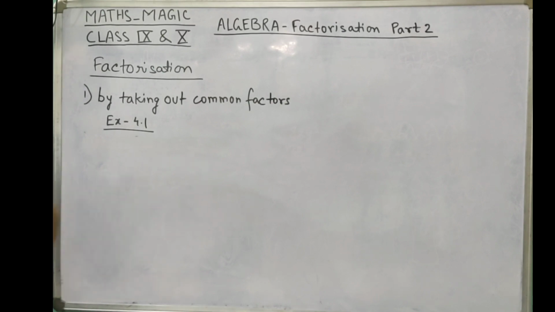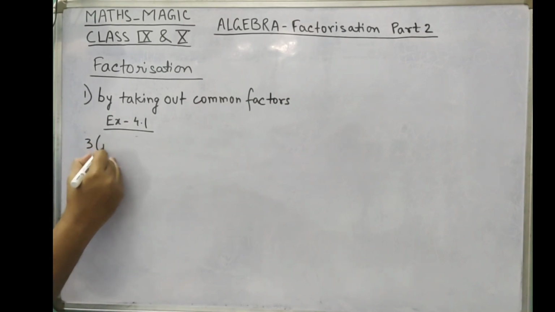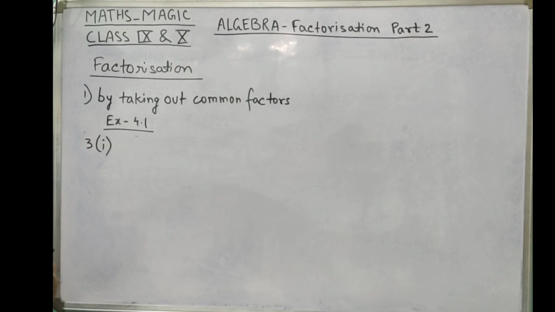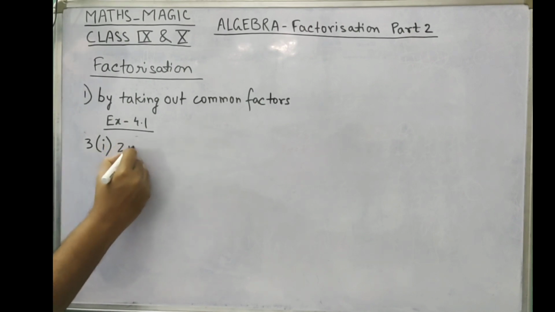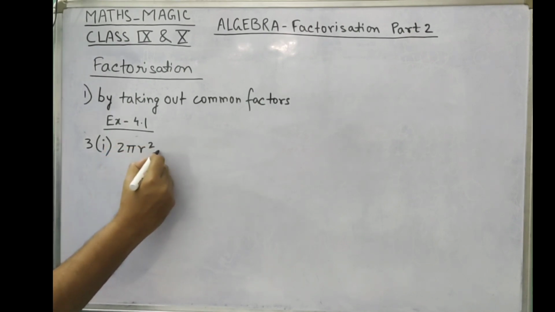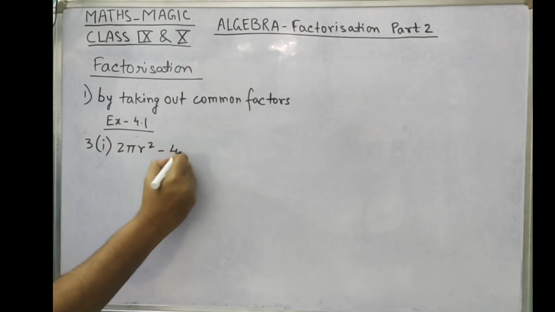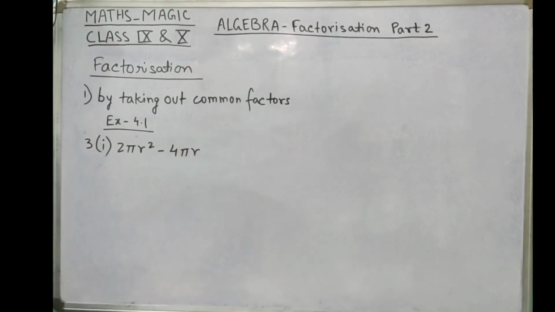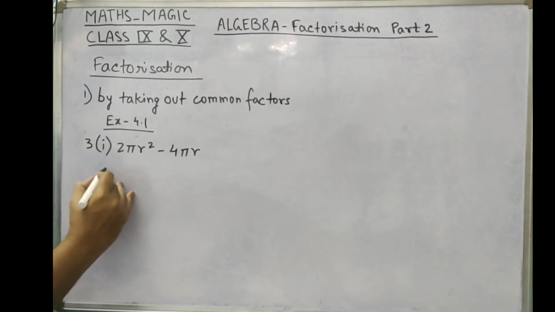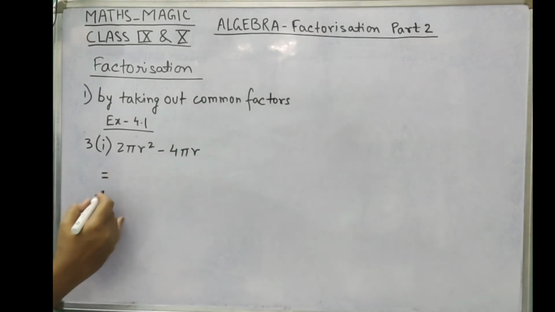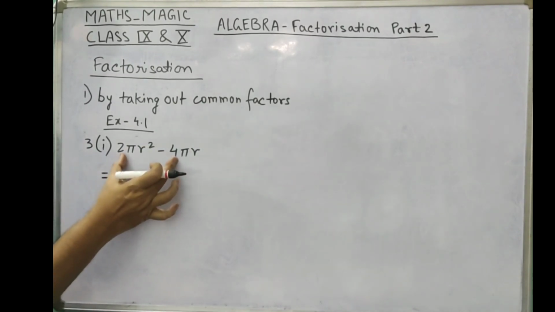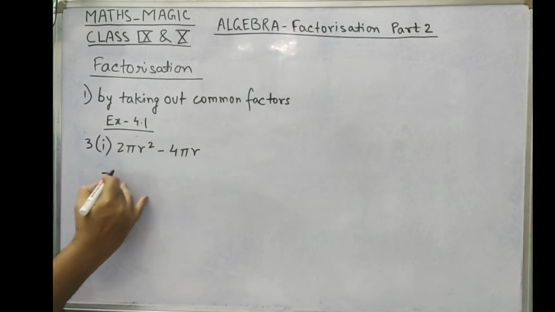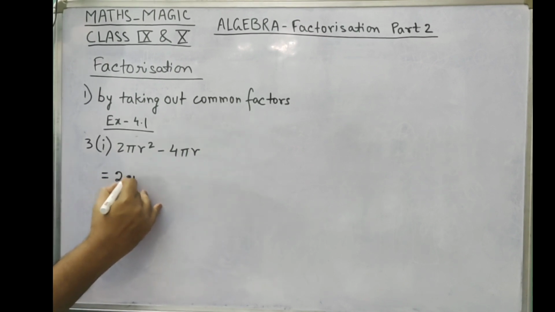Now I'm going to do 3 part 1. 2 pi r square minus 4 pi r. Okay, so very simple, just like the previous one. What is the common? Look at the numbers: 2, pi, I'll take out common.